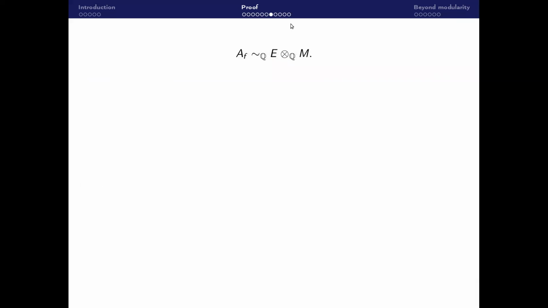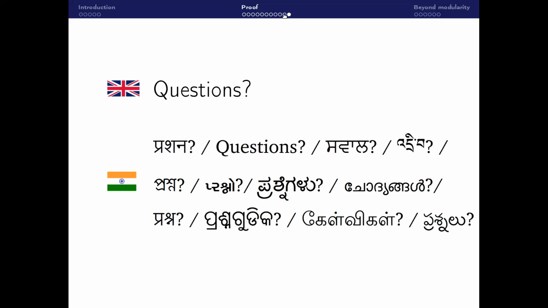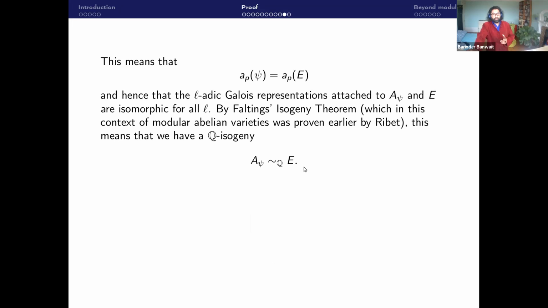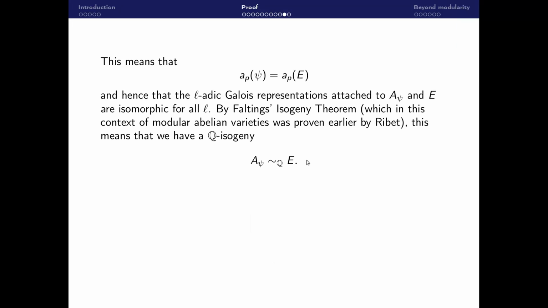On this slide, you have A_f Q-isogenous to E tensor M, and from here you want to deduce that A_ψ is Q-isogenous to E, right? Yes, exactly. For that step, you use Ribet's theorem or Faltings' generalization.